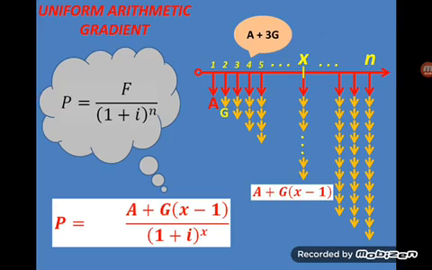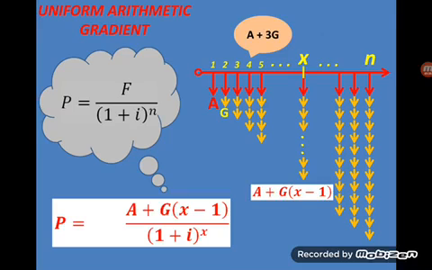Recall the formula relating the present worth and the future worth amount. Considering that A plus G times (x minus 1) is your future worth, we divide this by the expression (1 plus i) raised to the power of n, where your n is the number of periods from year 0, which in this case is equal to x.